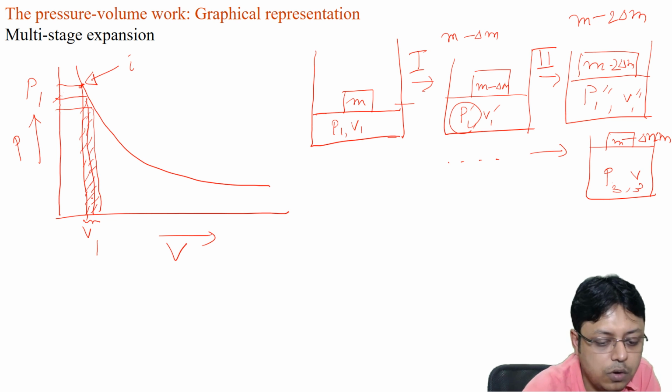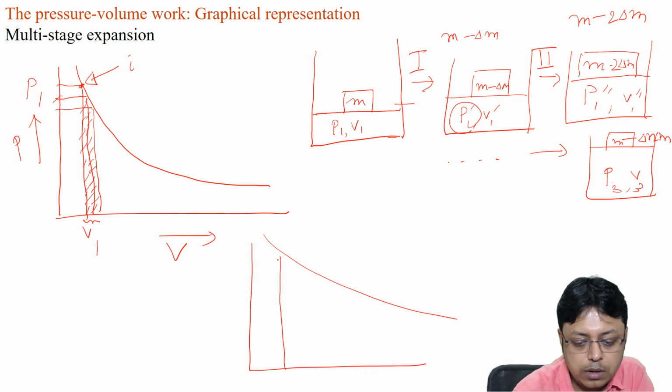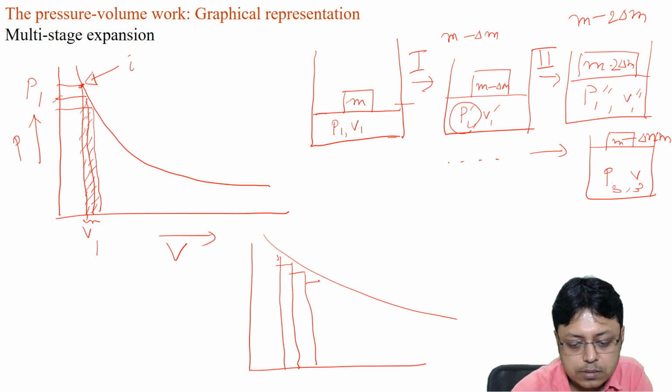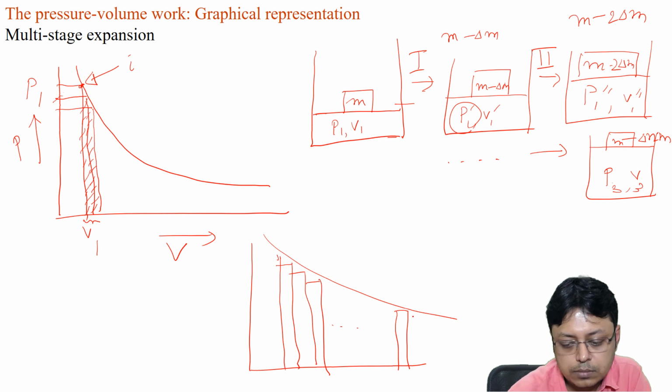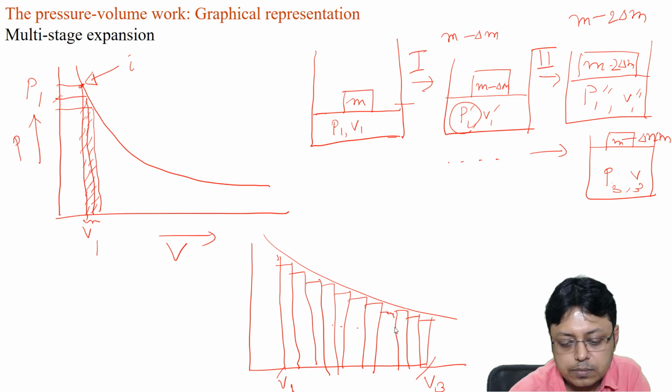So you can see overall, I will see a curve for the work done by the gas like this. This is the same initial volume, say V1, and this is the same final volume V3. But now the area under the curve is very, very interesting.